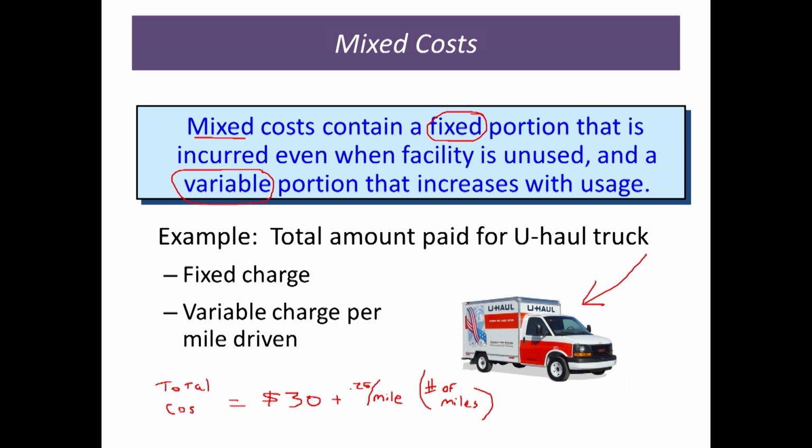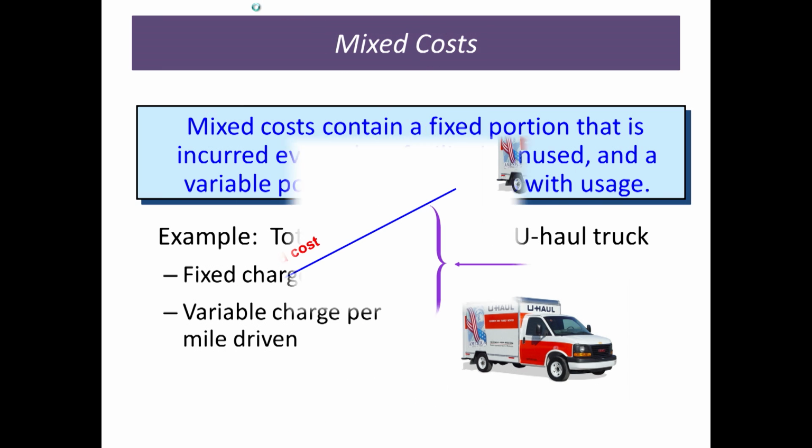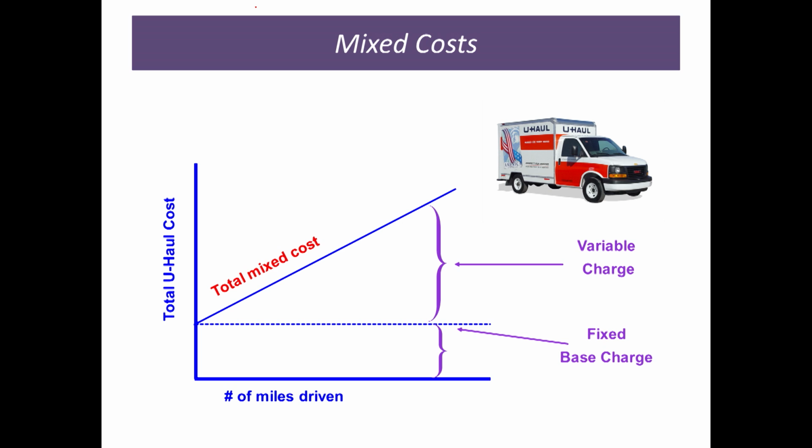Yeah. Well, this right here is the fixed portion, correct? And this over here is the variable portion. Would you agree? Okay, so it is a mixed cost. Now, if we want to graph this out, we see that it is an upwards sloping line.